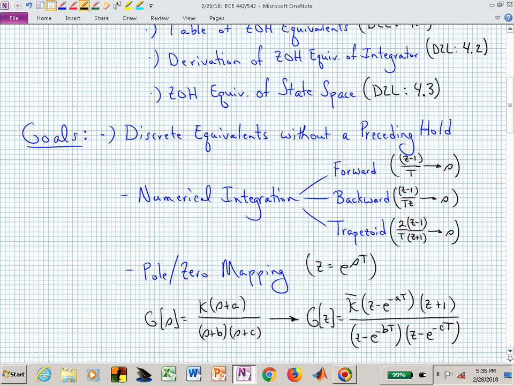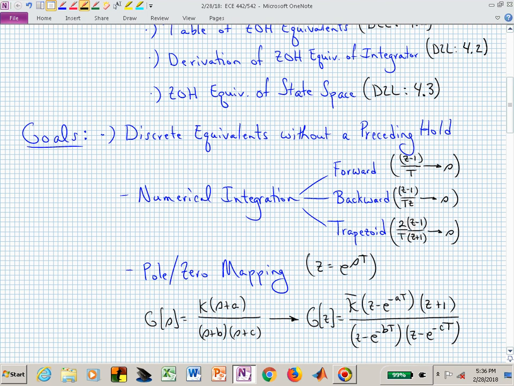In this particular case, we have a numerator of order 1, a denominator of order 2, so the zeros at infinity is equal to the pole zero excess, or 2 minus 1. However many of those we have will be mapped into a factor Z plus 1 raised to the power of that pole zero excess.